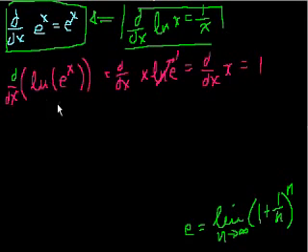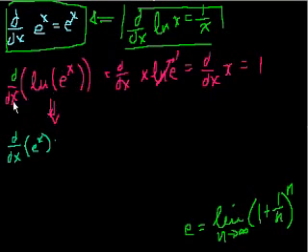But let's do this another way. Let's use the chain rule. So what does the chain rule say? If we have f of g of x, where we have one function embedded in another one, the chain rule says we take the derivative of the inside function, d/dx of e to the x, and then we take the derivative of the outside function with respect to the inner function.